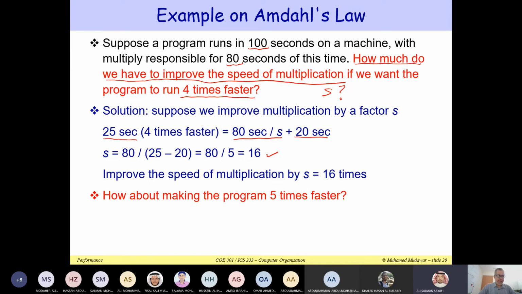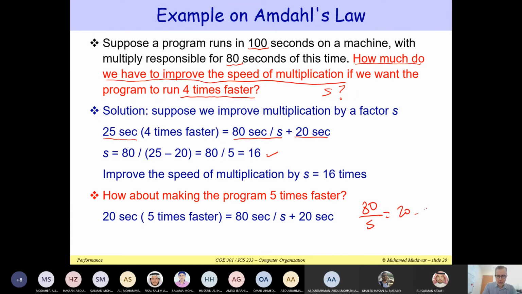So replace 25 by 20, right? So this will be 5 times faster. When I solve this equation, what do I get for S? Now you bring the 20 to the other side, and 20 minus 20 is 0. So 80 over S is equal to 20 minus 20, which is equal to 0, right?